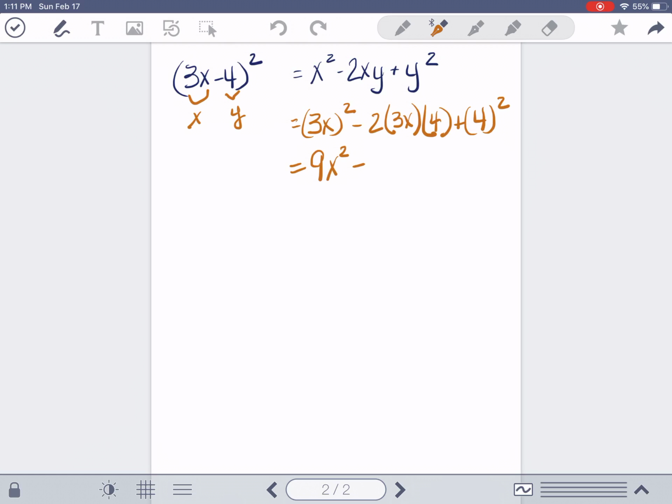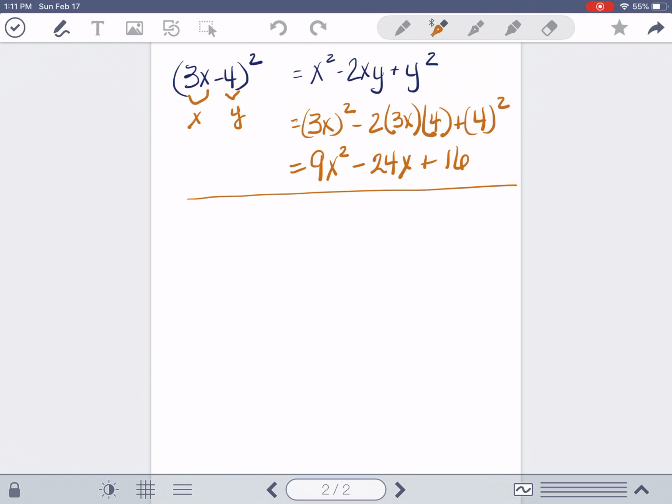So 2 times 3 is 6, times 4 is 24x, and then you have plus 4 squared, which is 16. So that is the answer, utilizing the formula of a binomial squared.